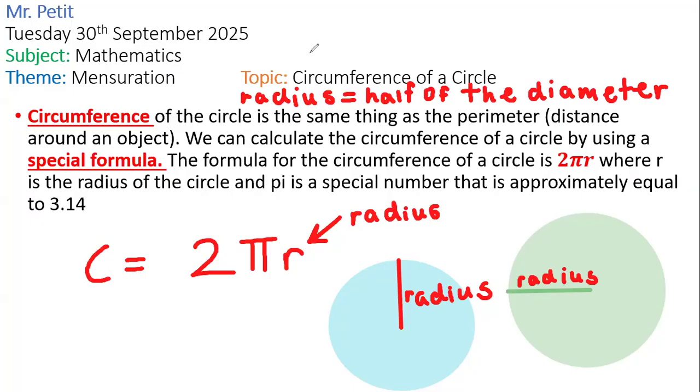Okay, so go ahead. Cleveland, are you there? Yes, sir. What is the radius of a circle? The radius of a circle is 2 pi r. No. What is the radius of a circle?